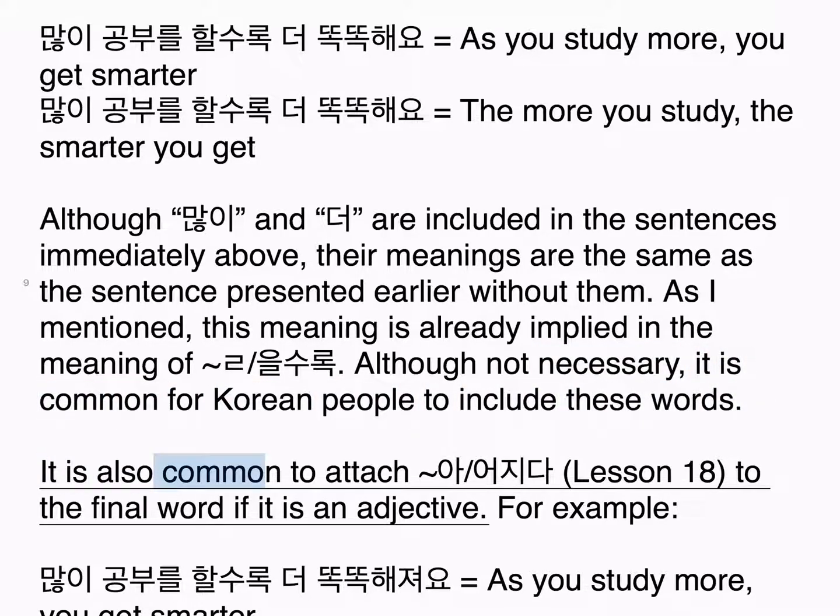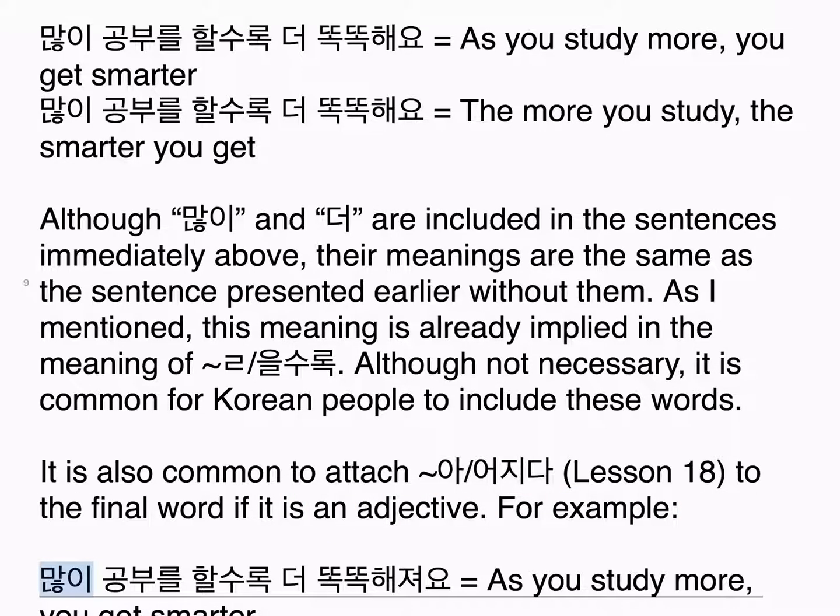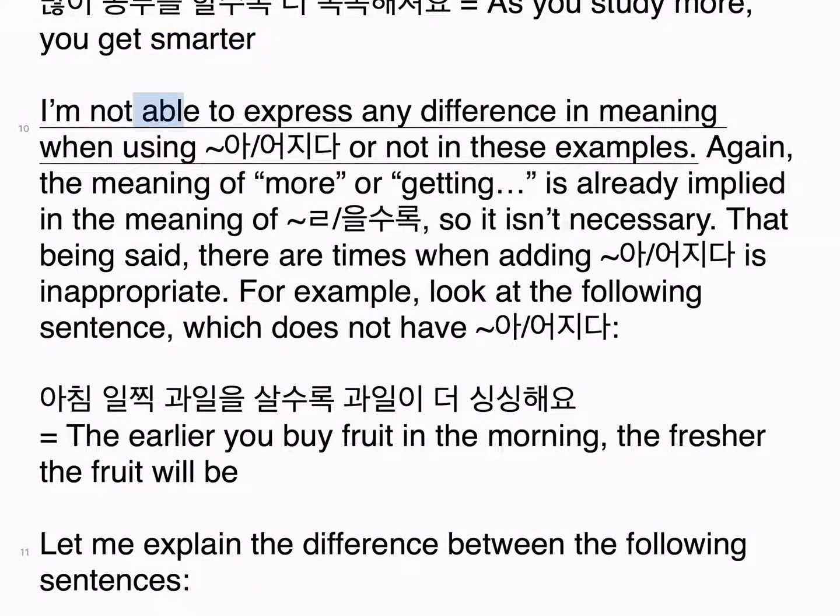It is also common to attach 어지다, Lesson 18, to the final word if it is an adjective. For example, 많이 공부를 할수록 더 똑똑해져요. As you study more, you get smarter. I'm not able to express any difference in meaning when using 어지다 or not in these examples.